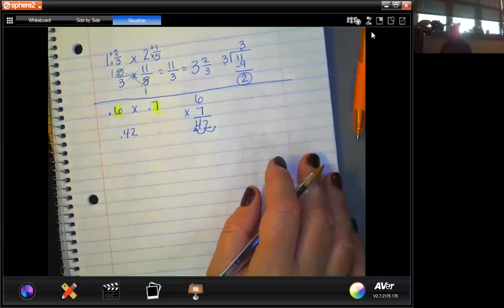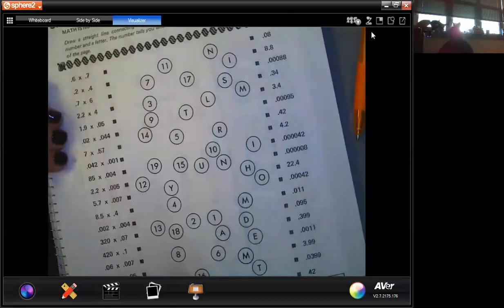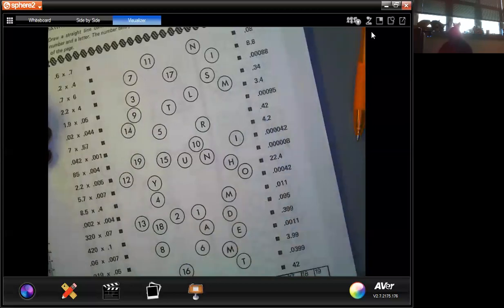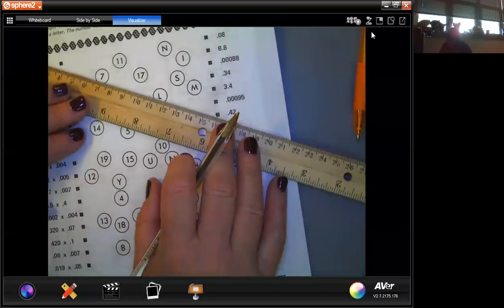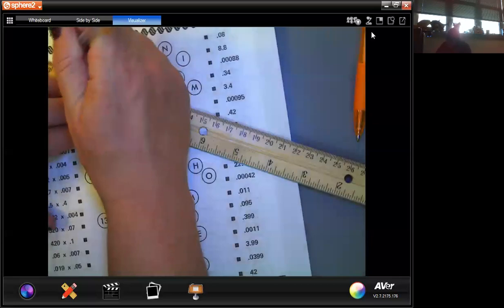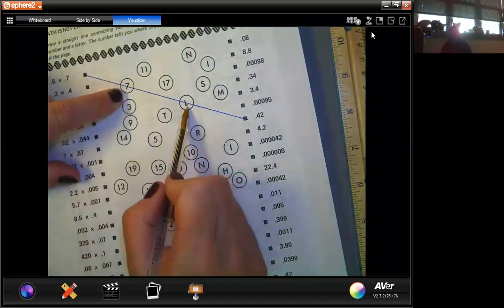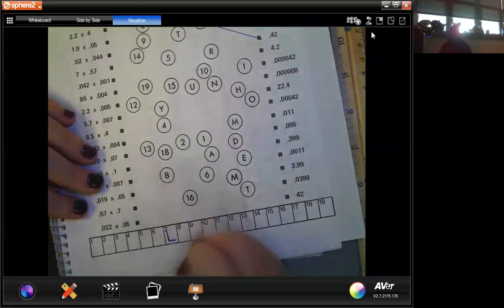Back on your sheet, these are the problems and these are the answers. 42 hundredths is right there. So we take this box and line it up to the answer box. Now look, this line goes through 7 and L. So down here, you go to box number 7 and put in the letter we went through, L.